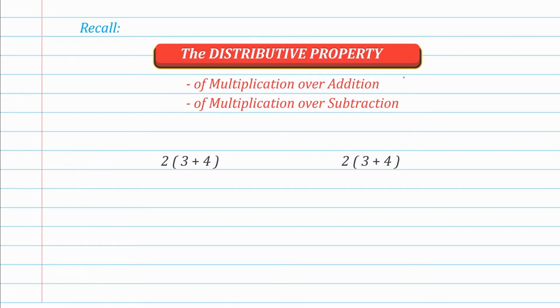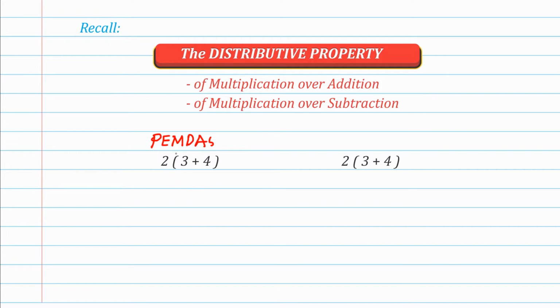Okay, now, ang gagawin natin muna is let's try to solve 2 times the quantity 3 plus 4 using the PEMDAS rule or for some, the GEMDAS. Pareho lang naman yon. According to this rule, solve muna natin yung parenthesis. Or kung GEMDAS yan, solve mo muna yung grouping symbol.